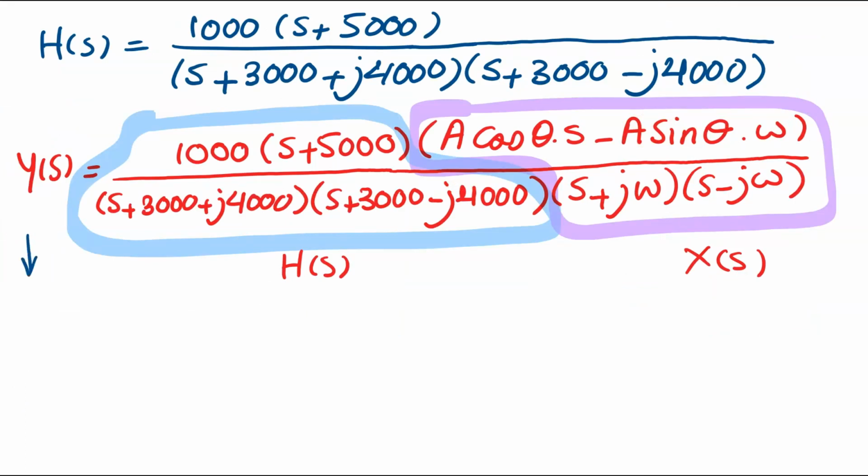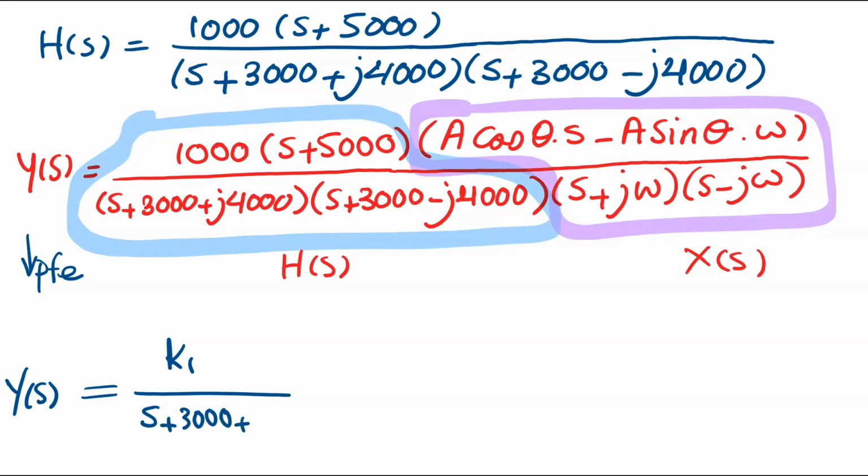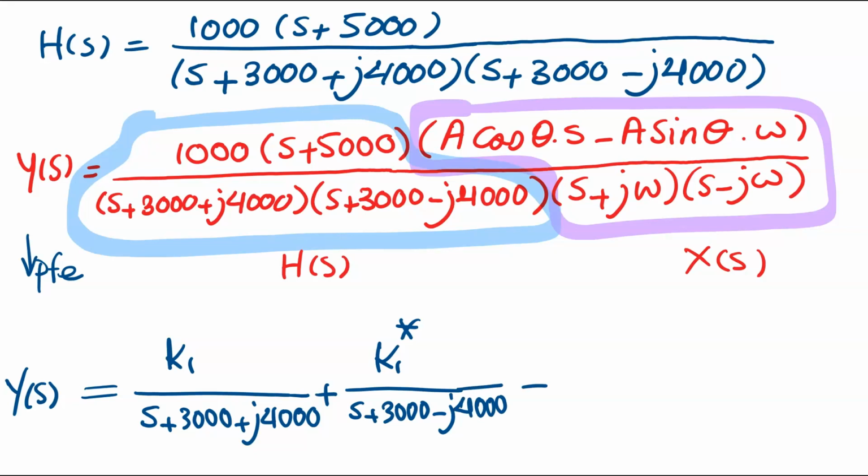So applying PFE, I'm going to have four partial fractions which describe my Y(s). The first one I'm going to call K1 over (s plus 3000 plus j4000), and then K1 conjugate over (s plus 3000 minus j4000), and then I'm going to have K2 and K2 conjugate over (s plus or minus j omega).